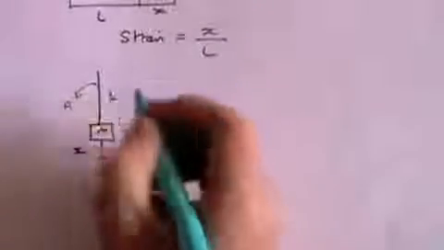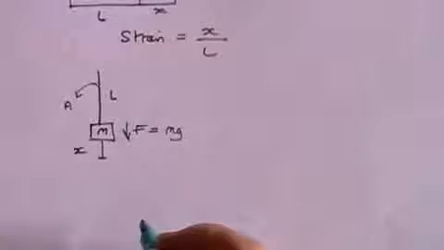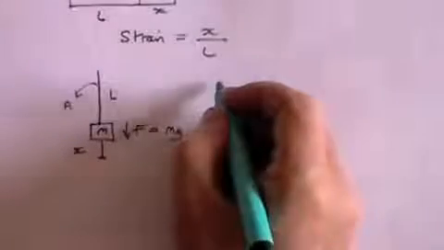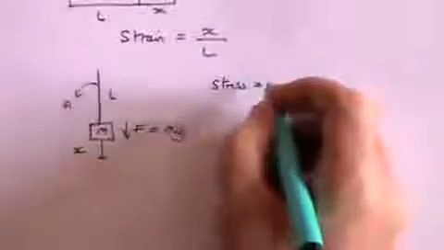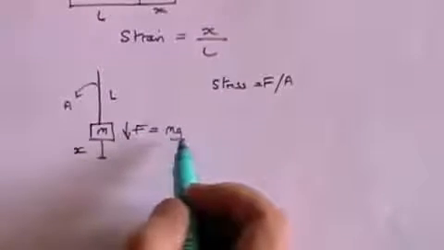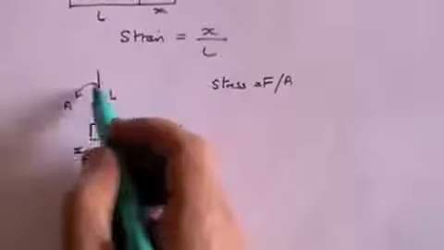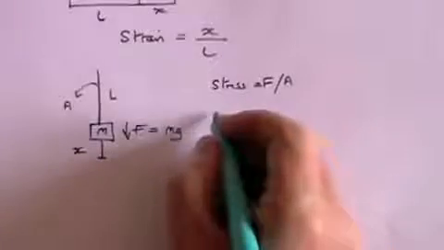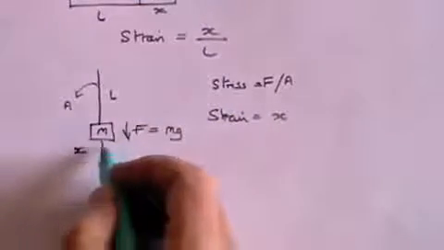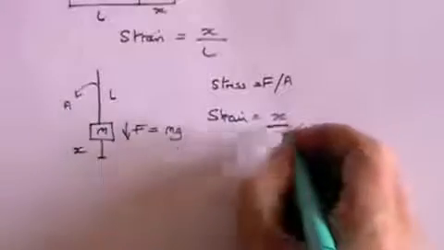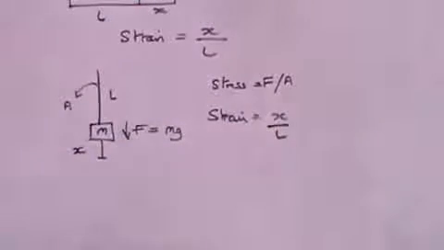You also of course measure the original length of the wire, and we know that the stress is force over area. Well, force is simply the mass times the gravitational attraction and the area you measured. Strain is x, the extension, divided by L, the original length of the wire, both of which you can measure.